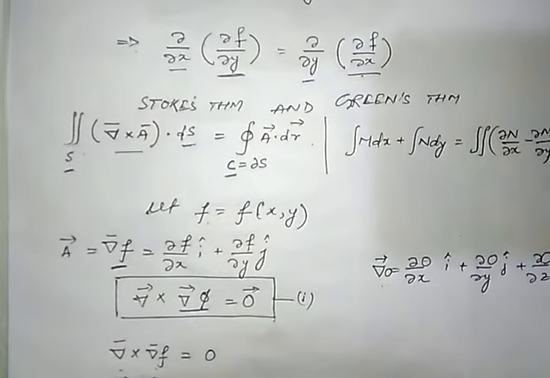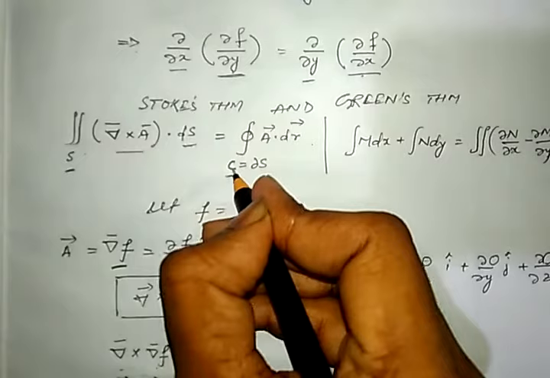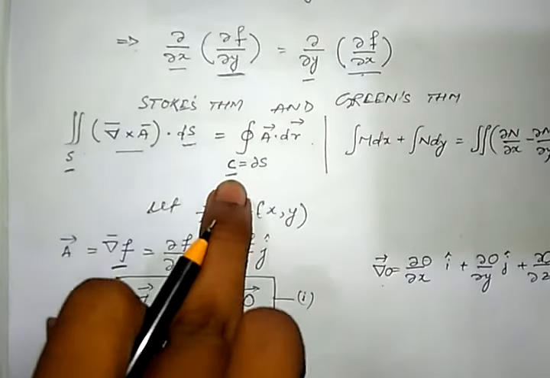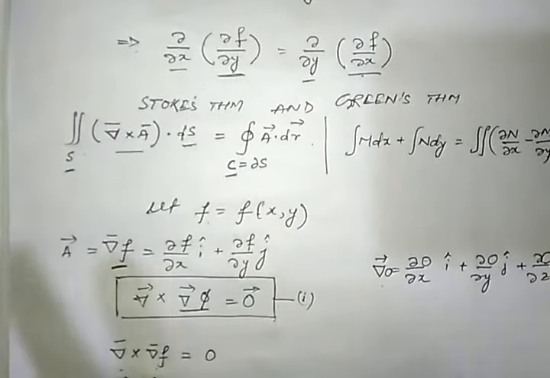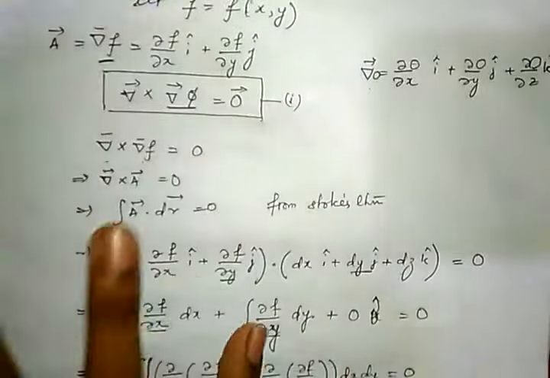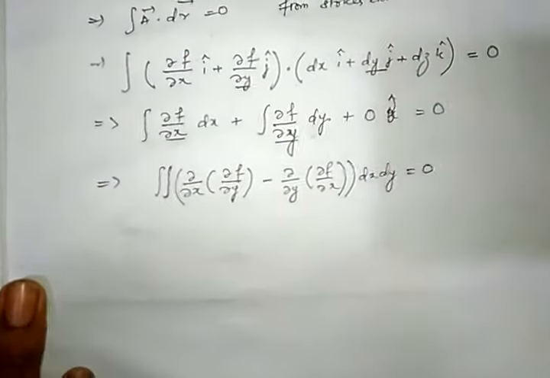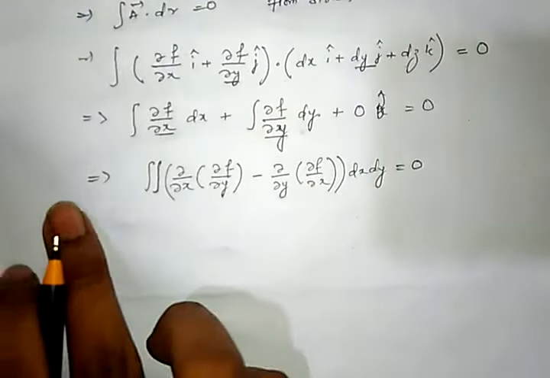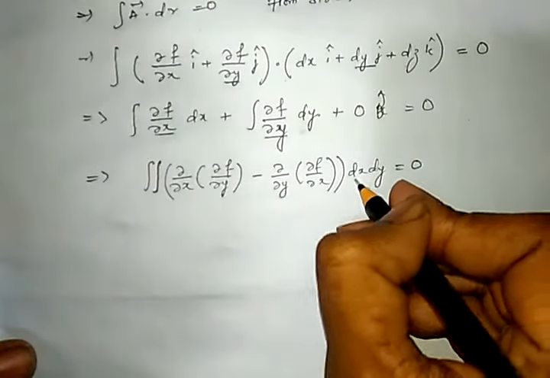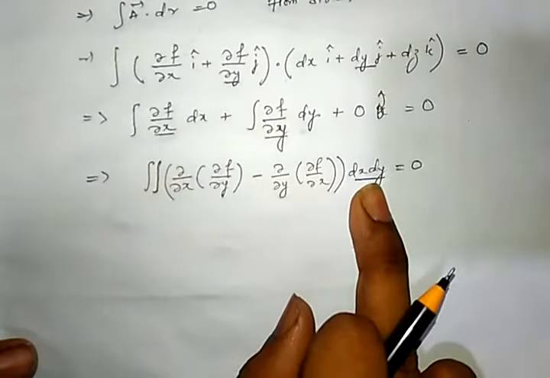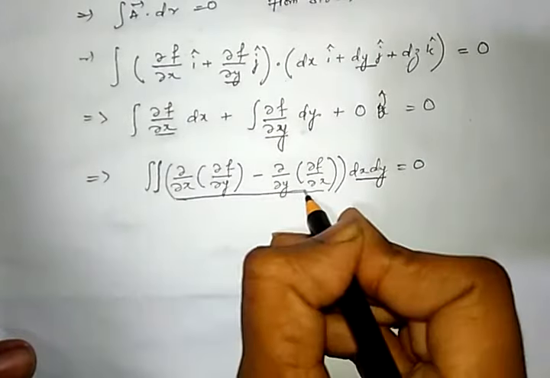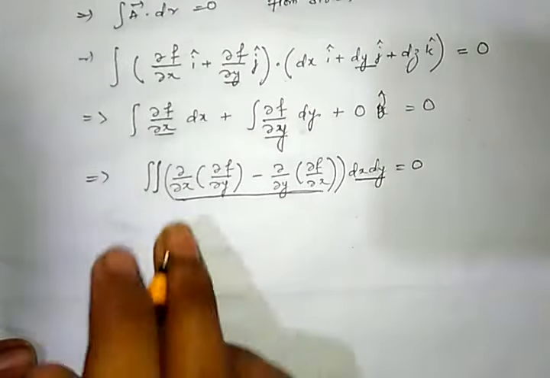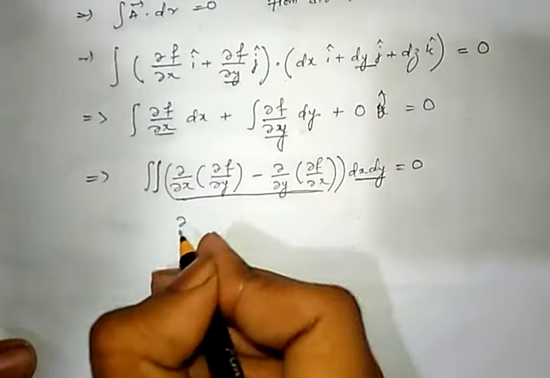We can take any surface bounded by a loop C, and Stokes theorem is going to turn out true. So because we have remained arbitrary, we can conclude that since the integral vanishes and dx dy is completely arbitrary, the integrand of this part must be equal to 0. Hence we have proven this.